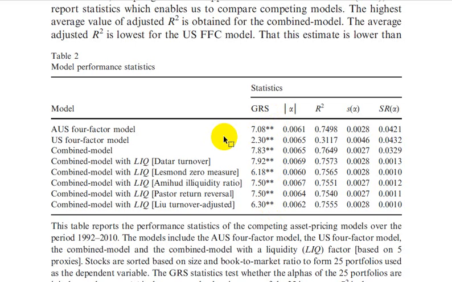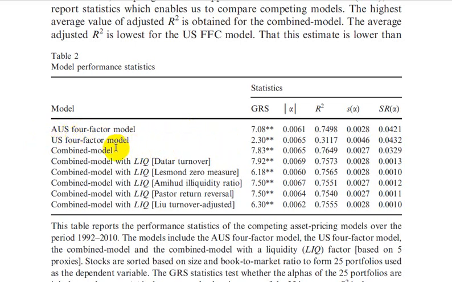So that would mean that using the Australian four-factor, the US four-factor, and the combined model explain a lot of the cross-section of Australian returns, but there are some other factors taking part in the returns, or that investors are considering when they make investment decisions, besides just these 4 factors in both markets.